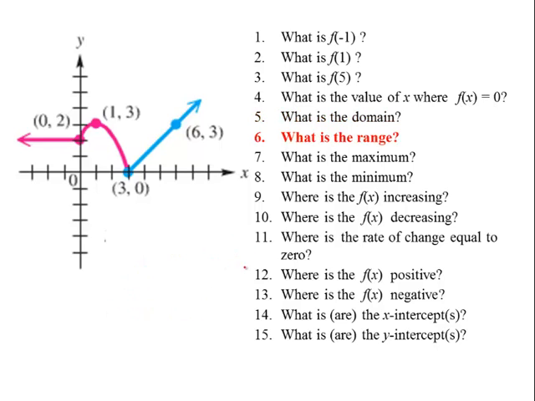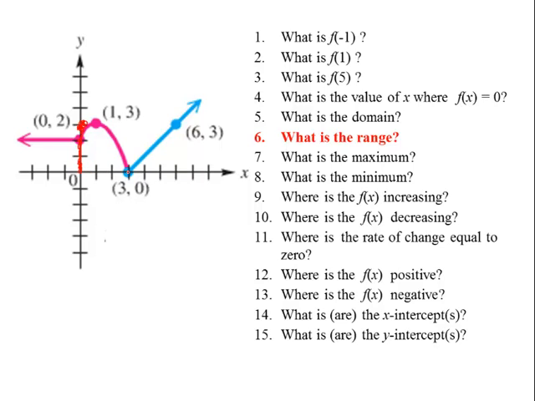Number 6, what is the range? So we go to the y-axis and we want to know what are the possible y values for this graph. We do have a minimum. It's at 0. So from 0 up to a maximum, we see the maximum is occurring at 3. So all possible y values would range from 0 to 3.